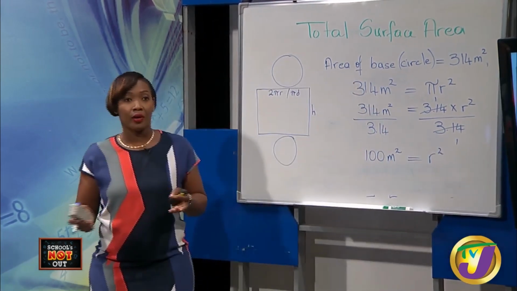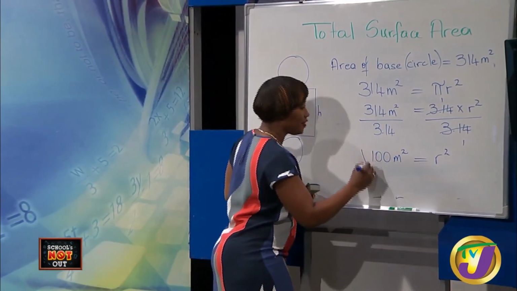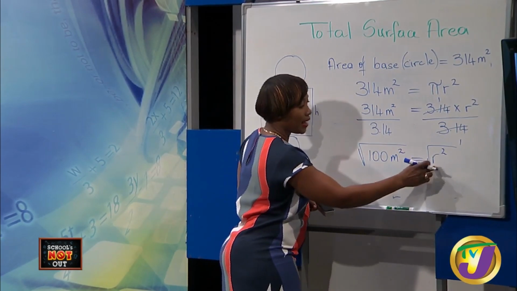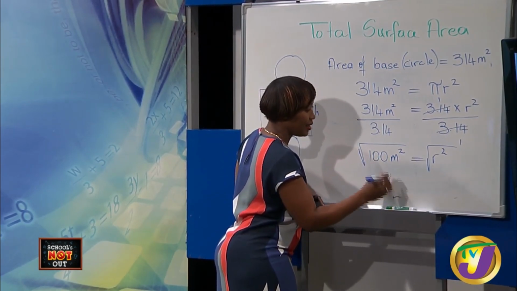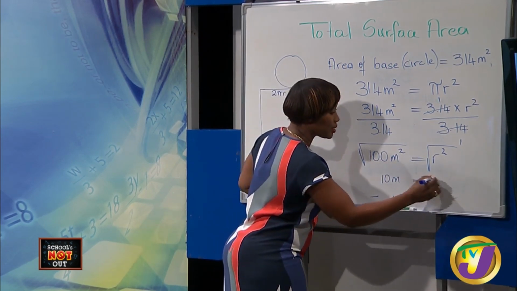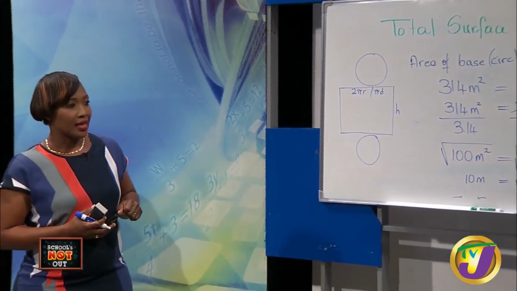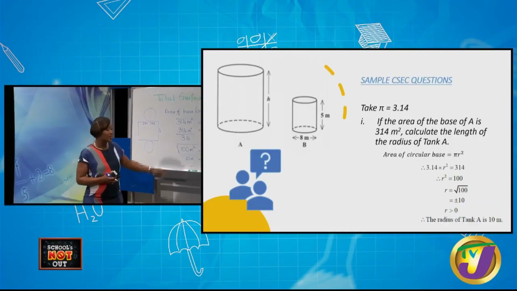Is it r squared that we're looking for? No, we're looking for r. So we'll have to find the square root of both 100 meters squared and r squared. The square root of 100 is 10. The square root of m squared is m, which equals to r. So r is plus or minus 10, as you can see on the screen, or 10 meters.